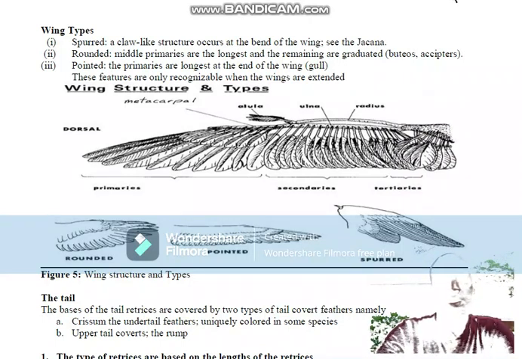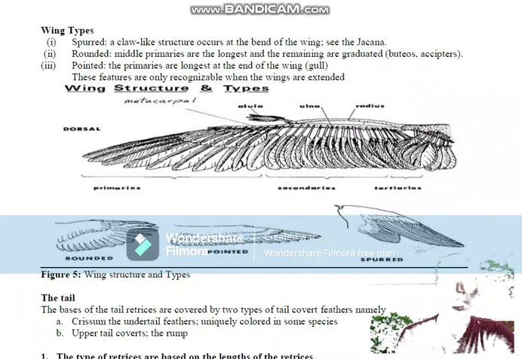And these features could be seen very well and appreciated when a bird opens its feathers wide, when it extends its wing open wide. As you can see right here, these are the primaries, secondaries, and the tertiaries as we saw last time.